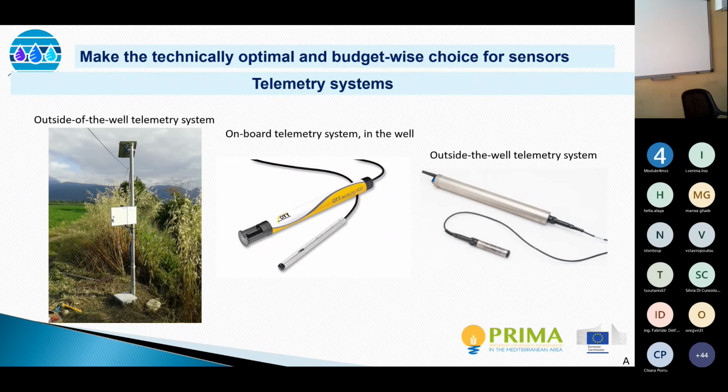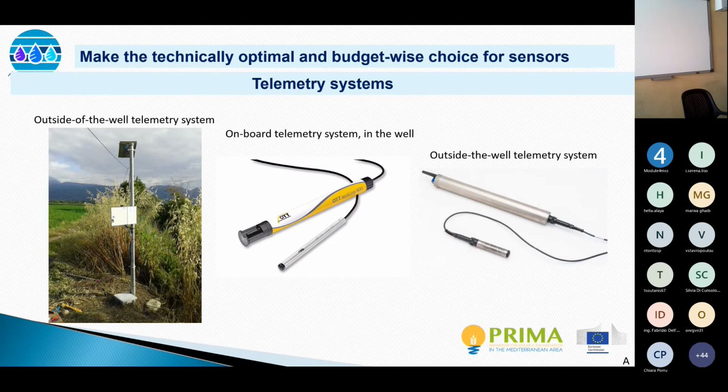Same goes for this system, the outside-the-well telemetry system, where the great difference is that you can either install it again in the well with the right configuration and not have anything visible, or you can install the sensor in the well and the telemetry system outside the well in a pillar or in the shack of the well, if such a thing exists.